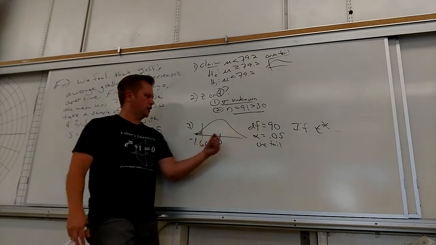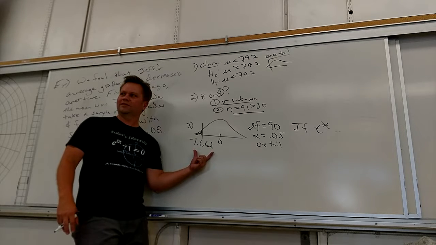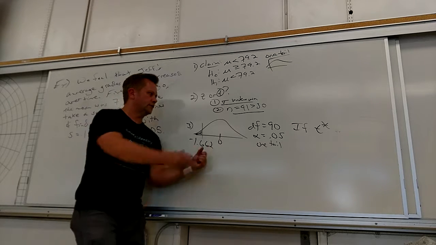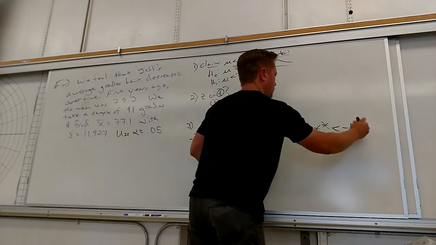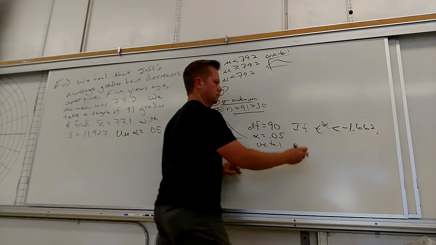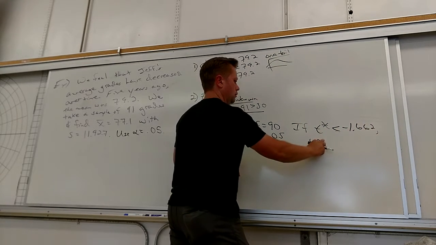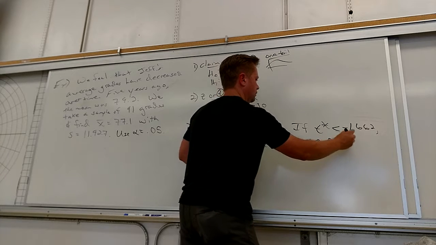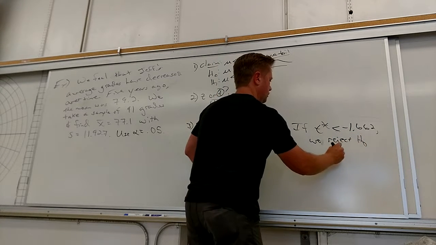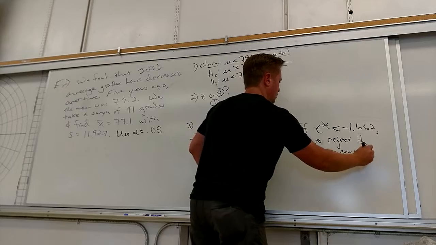So if T star is less than negative 1.662, what can we do? Reject the H0, support the H1.